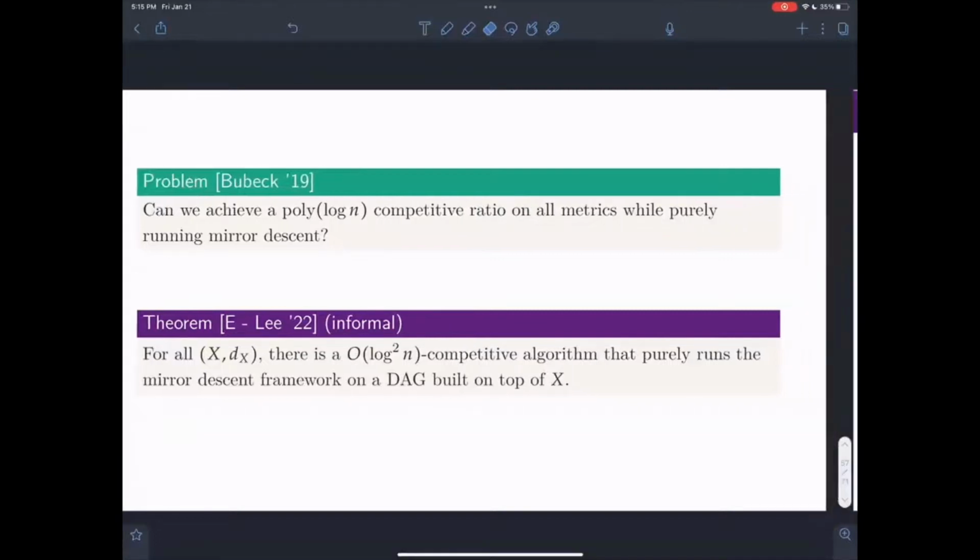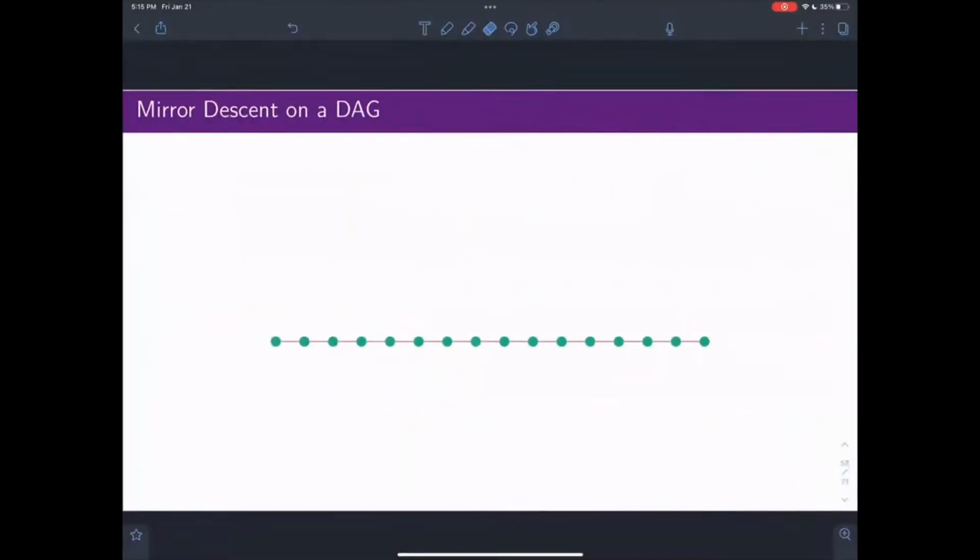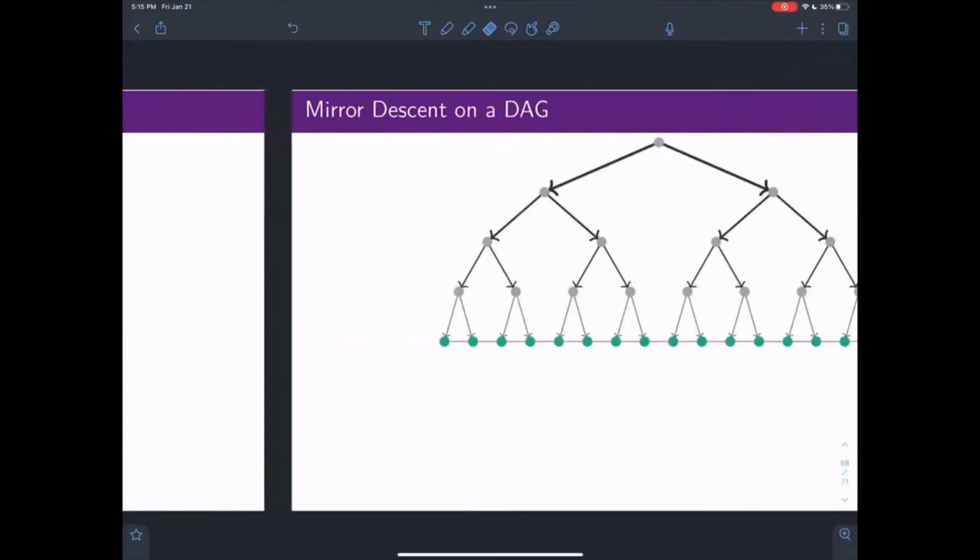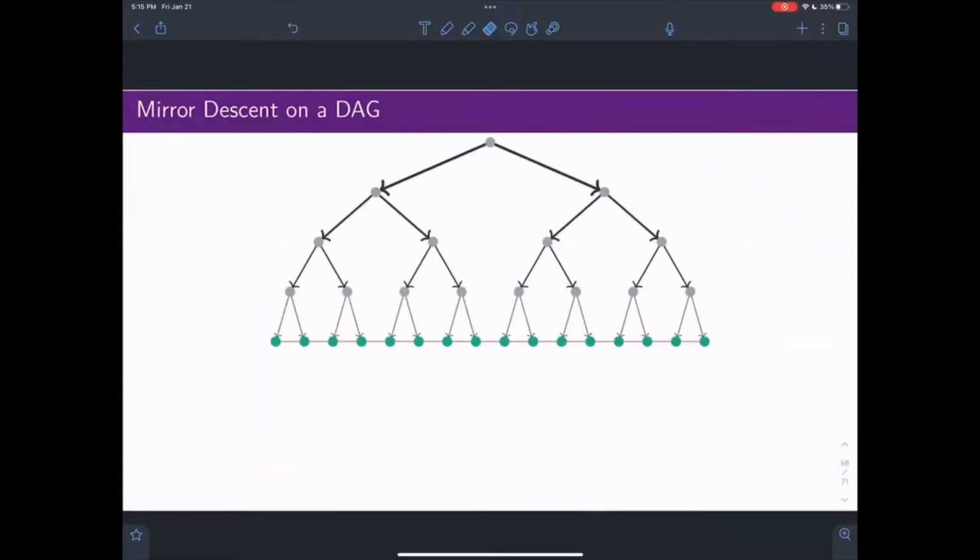So first, let's look at the path metric again. Suppose we want to embed it into this HST, where the weight of the edges at this bottom layer is 1, at the next layer is 2, and 4, and 8, and so on.